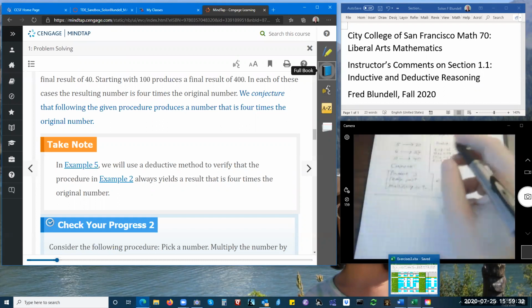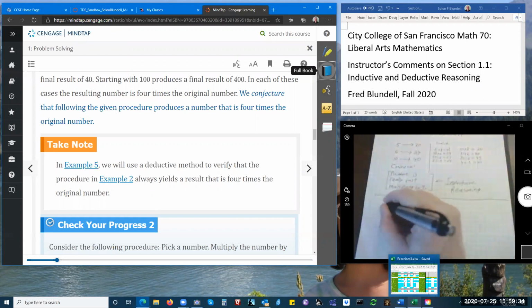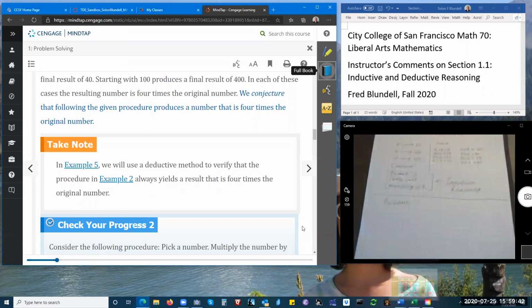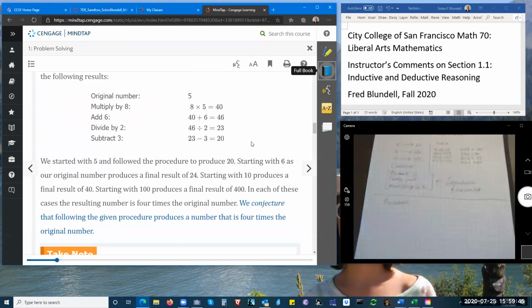So our procedure was to take a number and multiply it by 8. So I'm going to let x be the number. And I take my number and I multiply it by 8.